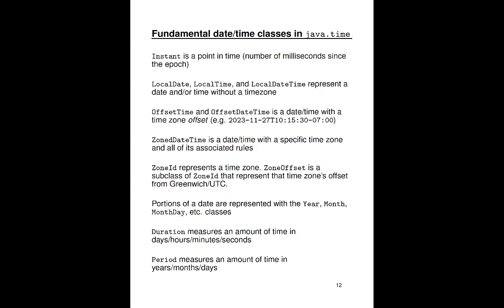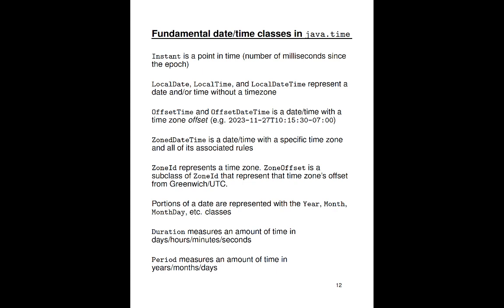Now let's take a look at some of the fundamental date-time classes in the java.time package. The Instant class represents a point in time. Much like a java.util.Date, it represents a number of milliseconds since the epoch. There are a couple of classes that begin with the word Local, like LocalDate, LocalTime, and LocalDateTime, that represent a date and or time without a time zone, so 2:37 p.m. OffsetTime and OffsetDateTime represent a date time with a time zone offset.